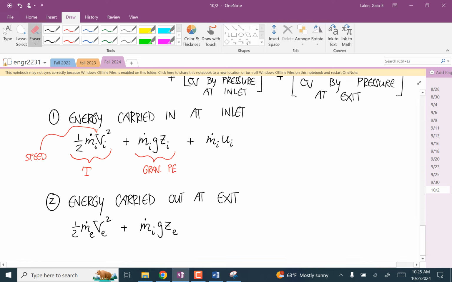This should be an E, not an I. Plus m dot at the exit times u E. Z is just the height.